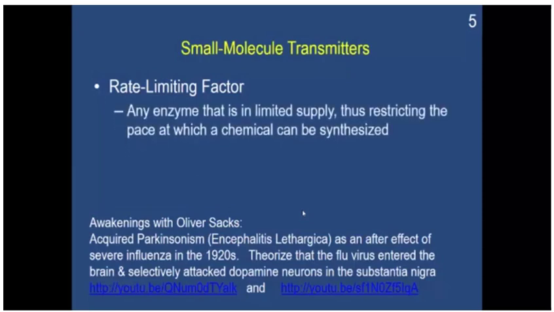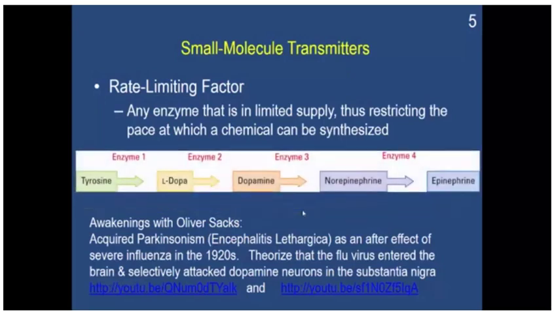There is a limited supply of the enzyme that helps synthesize the neurotransmitter. There's also a limited supply of the basic molecules that you need to create the neurotransmitter, depending on your diet. If your diet is low in acetate or low in choline, no matter how much enzyme is present, if it doesn't have the basic compounds it needs to combine, it's going to create a problem.